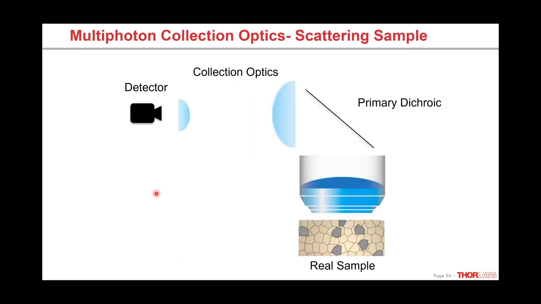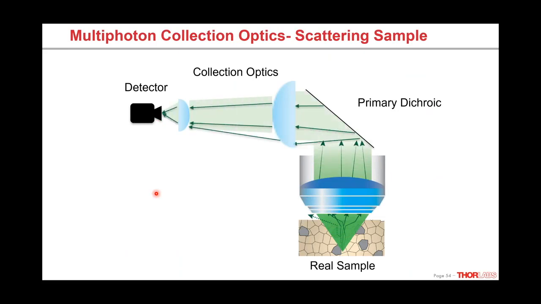However, we are frequently using multiphoton on real samples that have scattering, and therefore the angle of the light rays might come in at off angles. Now, every single one of these photons we know was emitted from the point of focus, and therefore every one of them is carrying information about our image that we want to capture. So we're going to want to capture even these off-axis light or photons.